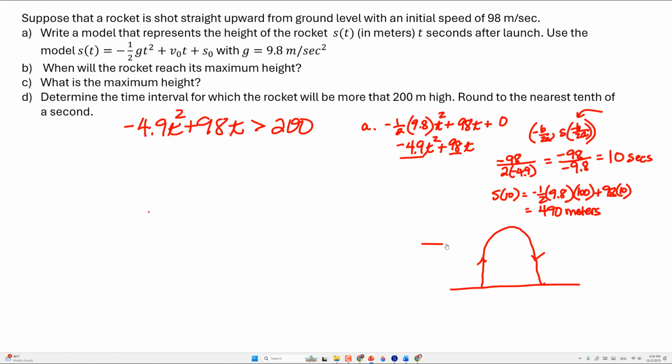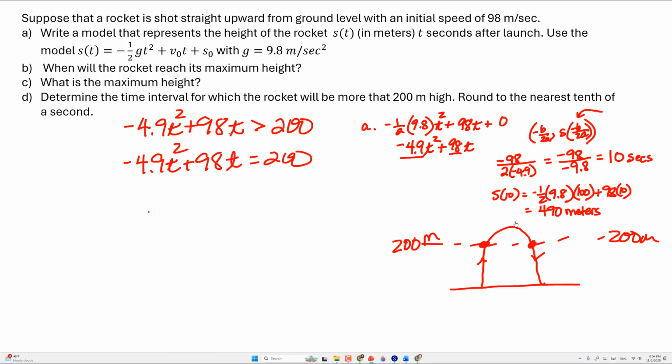And so at some point, it's going to pass 200 meters on the way up. It'll hit 200 meters, and then on the way down, it will also go past 200 meters high. So we can find out, first of all, when does the function equal 200? When is the function actually at 200 meters?